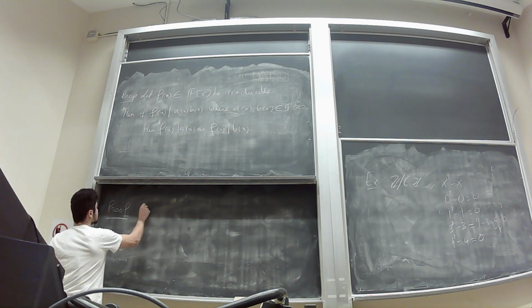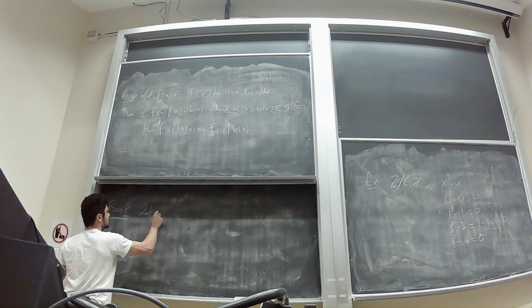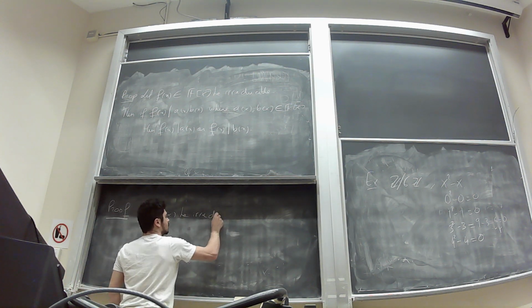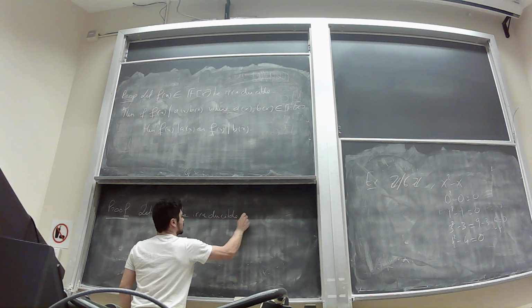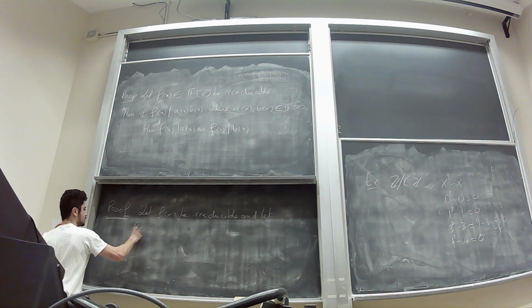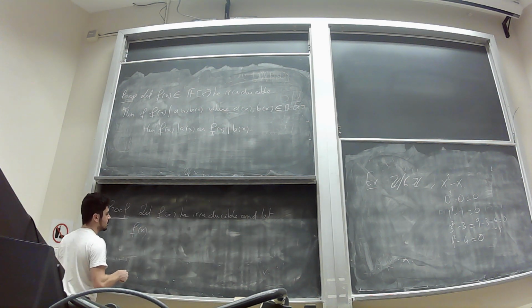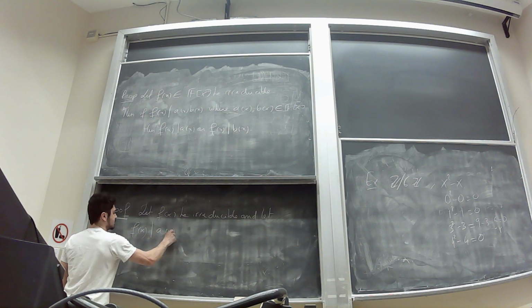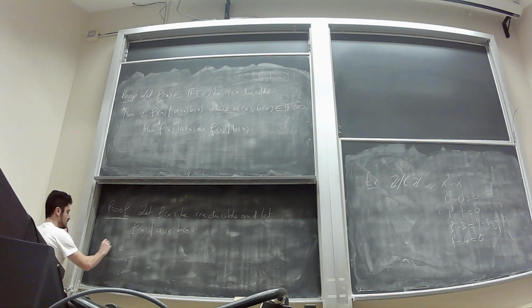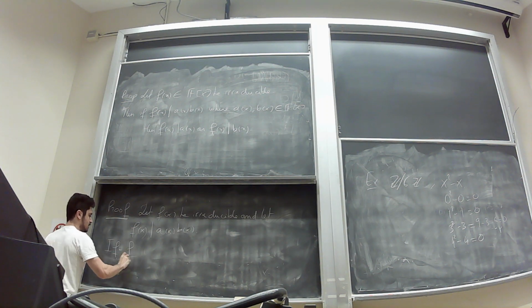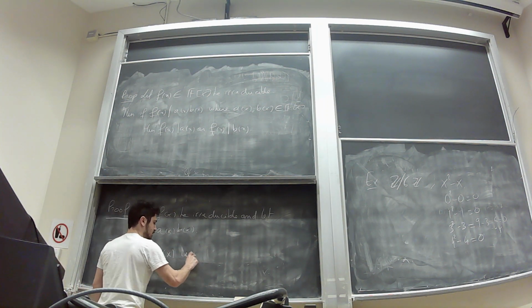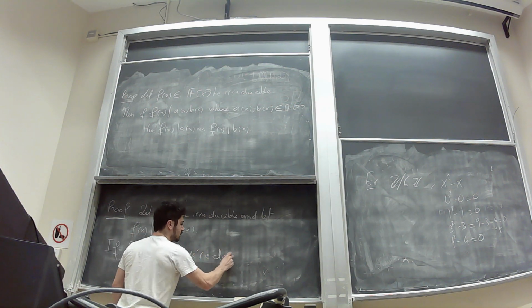So suppose f(x) is irreducible, and let f(x) divide a(x)b(x). Now if f(x) doesn't divide a(x), I mean if f(x) divides a(x), we're done. Right?